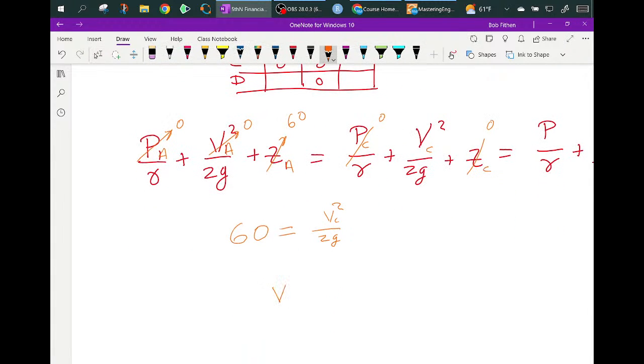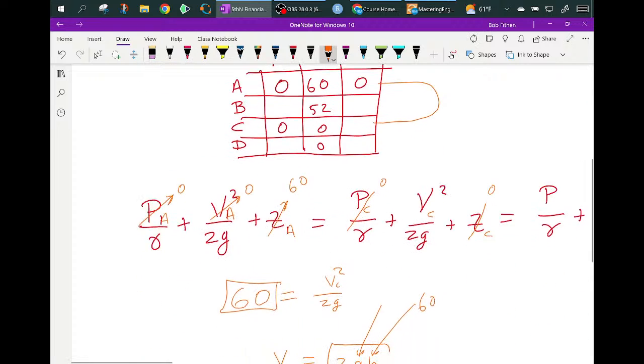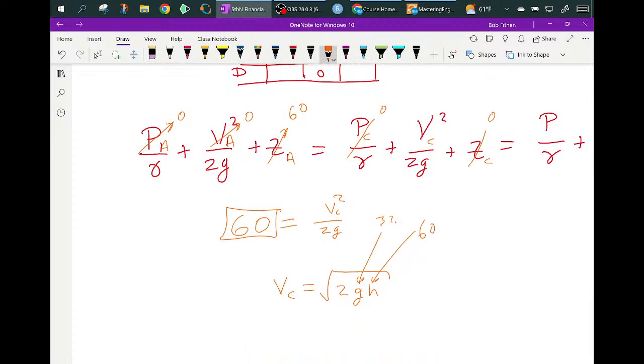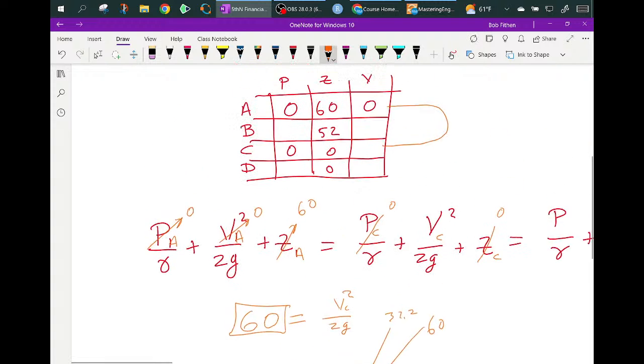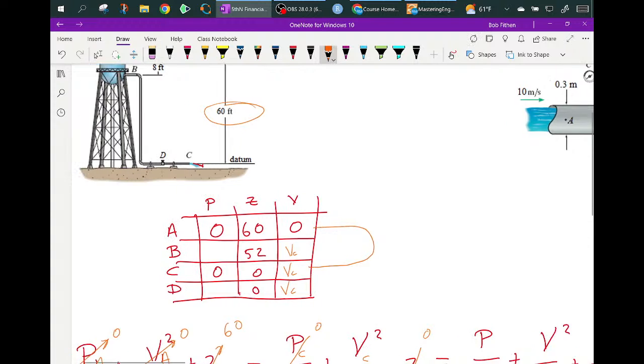And so the velocity at C is going to be the square root of 2gh, where h is 60 feet, and g is 32.2. And then I'll give you the velocity at C. Once you have the velocity at C, if the pipe doesn't change in diameter, they're the same.